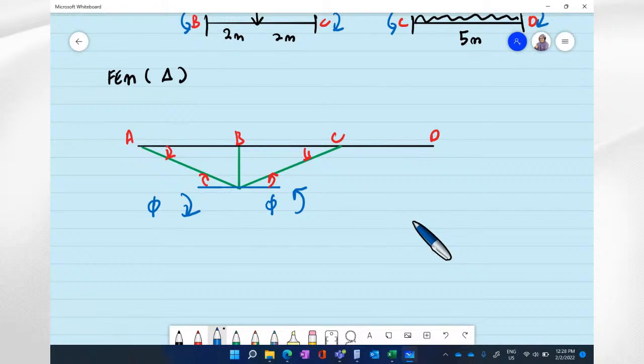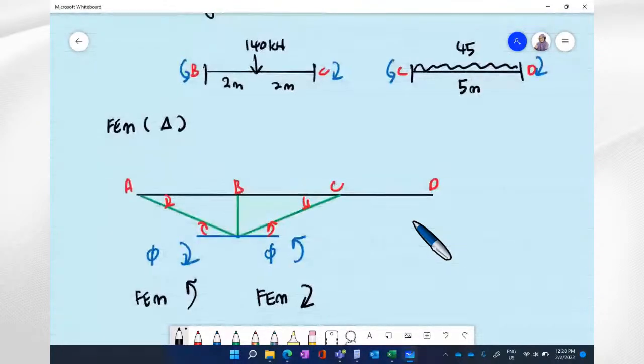By understanding the behavior, we know that we should get FEM that counters it. That means if the angle is positive, FEM must be negative. So this one FEM will be positive because it must be counterclockwise.